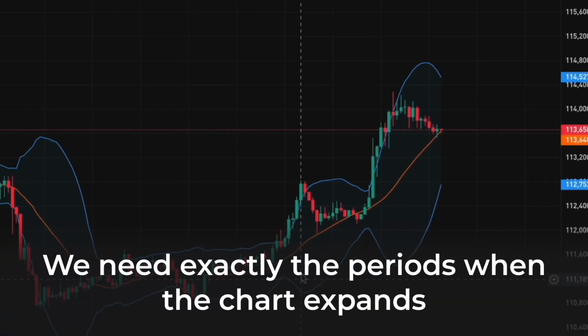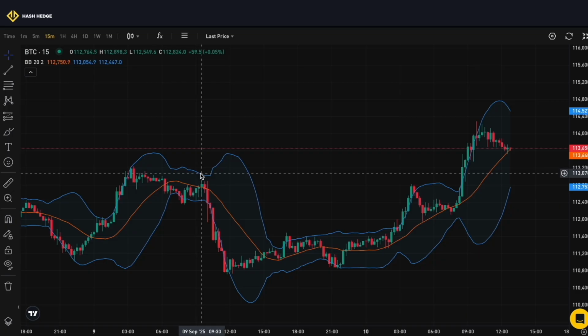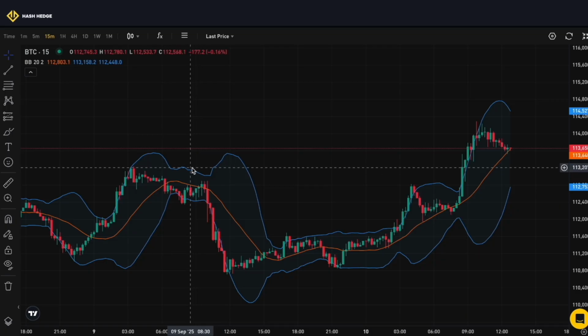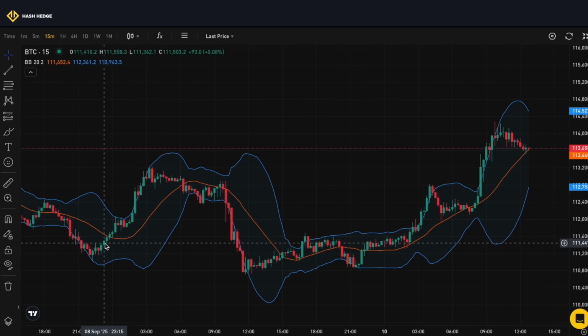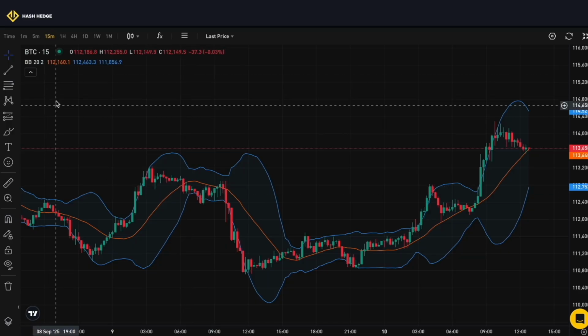We need exactly the periods when the channel expands. These lines are calculated by a rather complicated formula of standard deviation. But if we simplify, they show how many points the chart passes on average over a specified period of time, specified in the indicator's period settings.